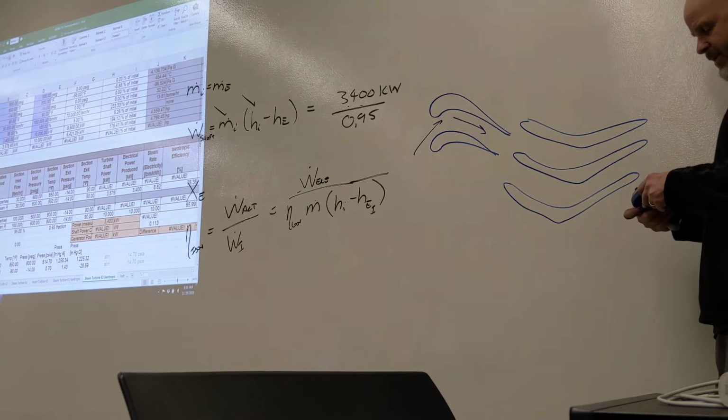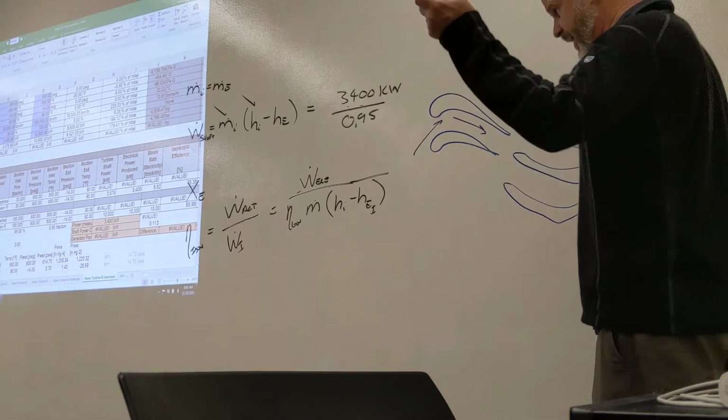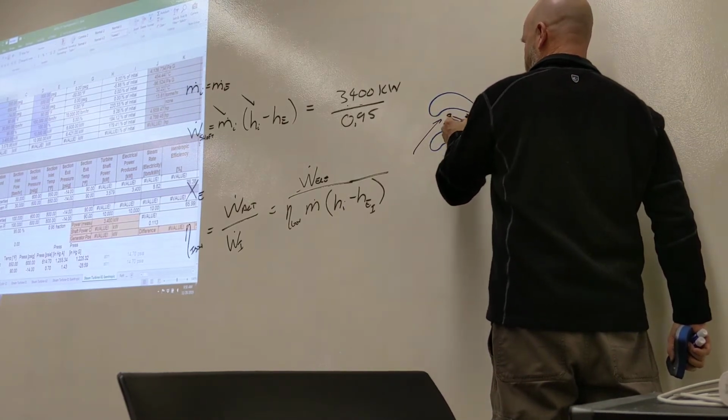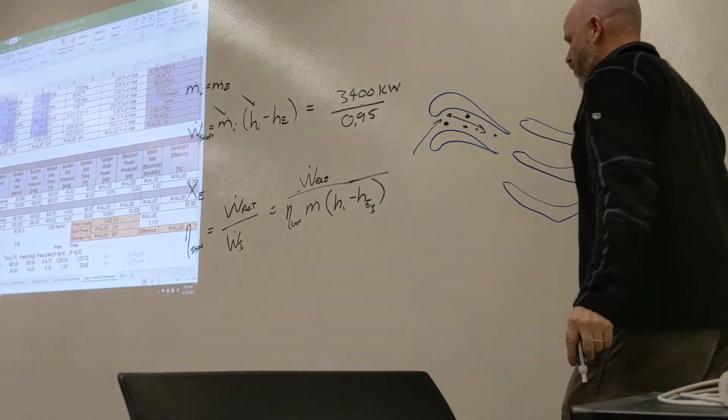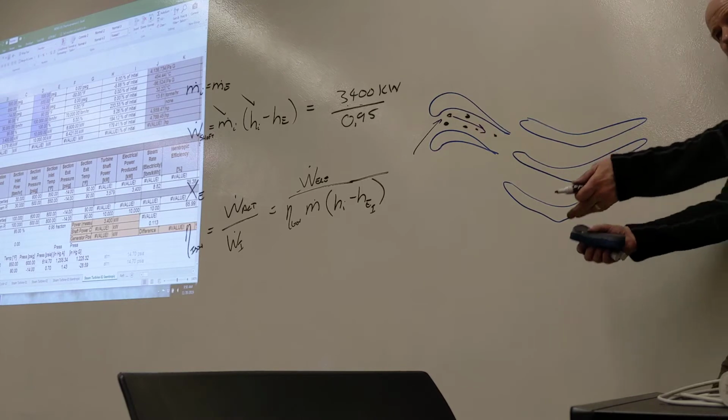If we have droplets, if we have less than dry saturated steam, what's the density of the droplets compared to the density of the steam? Three orders of magnitude different, not one order of magnitude.